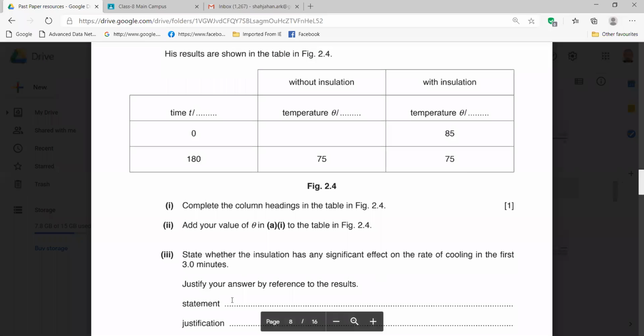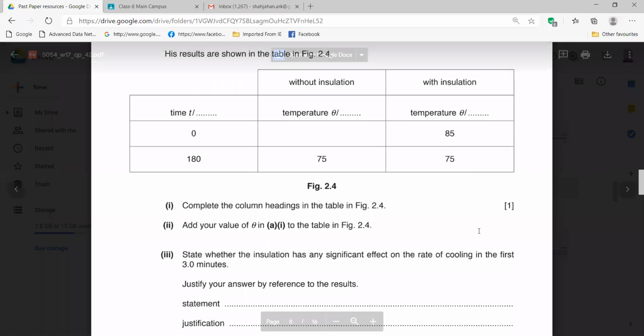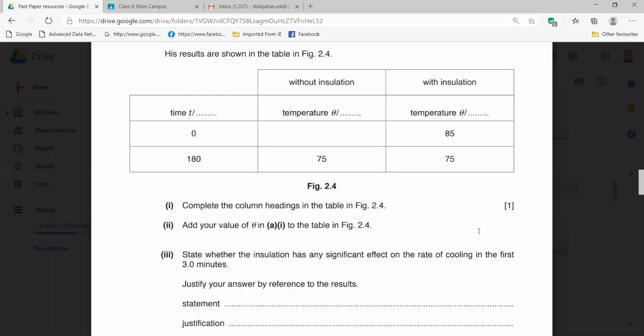You will give the statement and you will give the explanation. Yes, sir. It has a significant effect because in the first 3 minutes the temperature decreased. Without insulation it was 88 degrees Celsius, and with insulation it was 85 degrees Celsius. So yes, the temperature decreases.